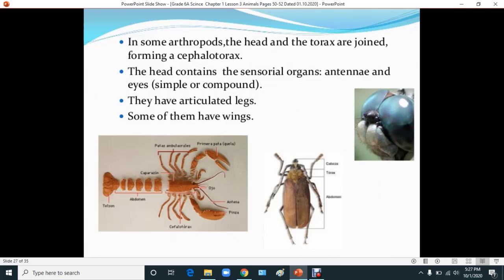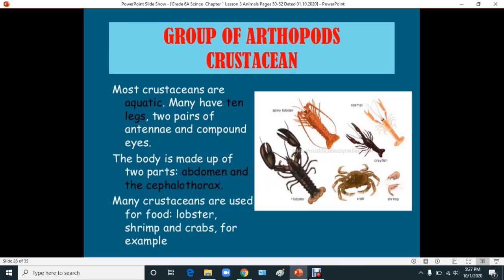The head contains the sensory organs called antennae, through which they get senses and signals. They also have eyes, which are simple or sometimes compound. They have articulated legs and some of them have wings also. You can see these pictures.